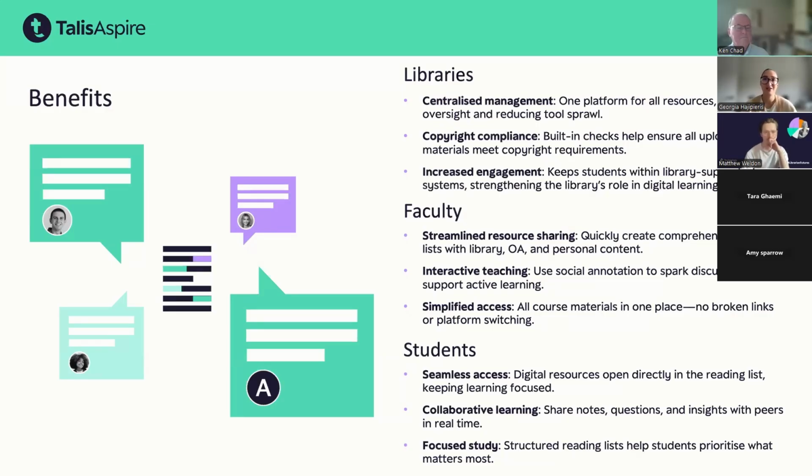And for students, same sort of thing, a streamlined access, digital resources open directly in the reading list, so you don't have to go off to Google and find other things. Collaborative learning, sometimes we do our best work. What I found as a teacher, we do our best work when we work together. So having that in real time, sharing notes, questions, insights can be super helpful on the reading list.